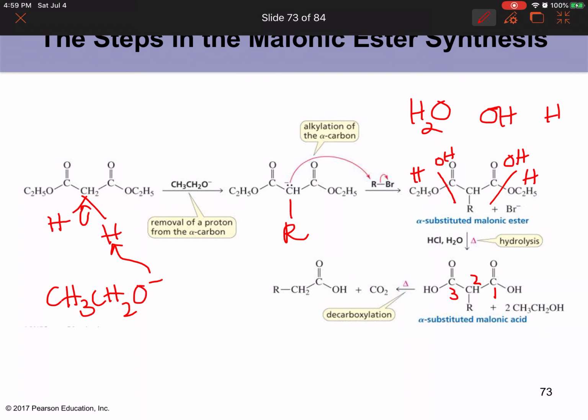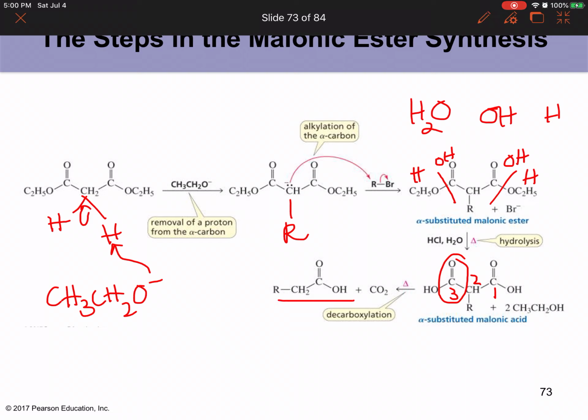If you consider this carbon as carbon number 1, in the third position you have a carbonyl group. So that will make carbon dioxide be lost during the process of heating. If one carbon dioxide molecule is lost, what you're going to get is this product at the end.